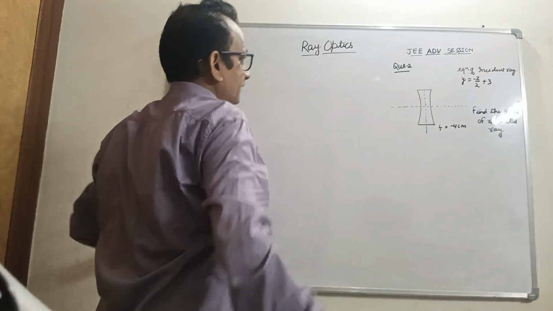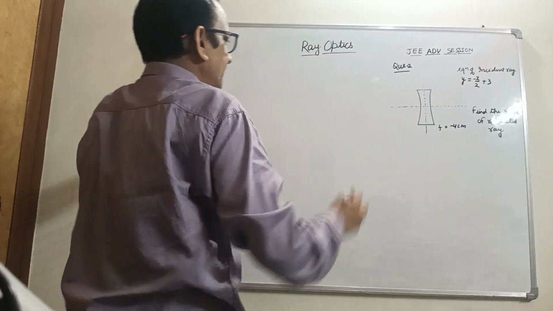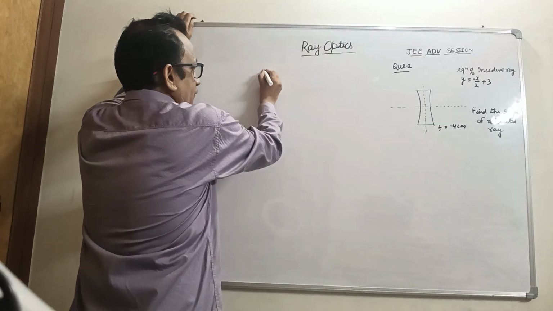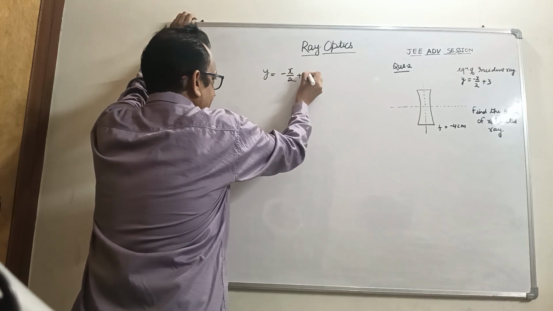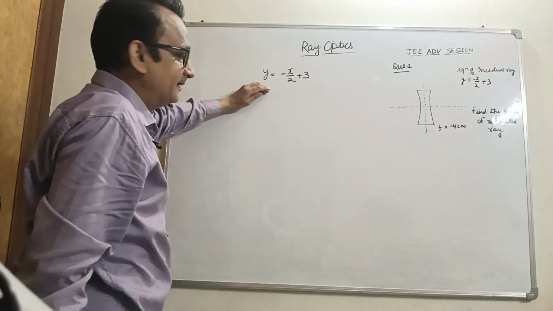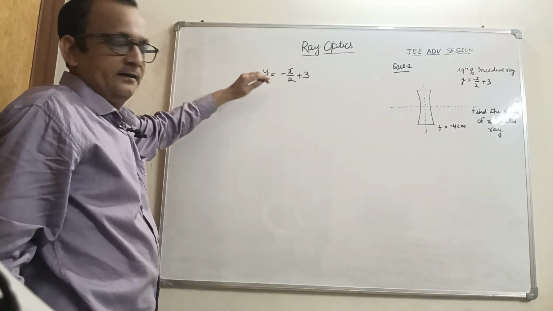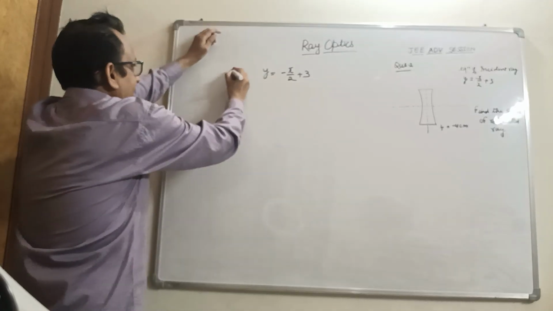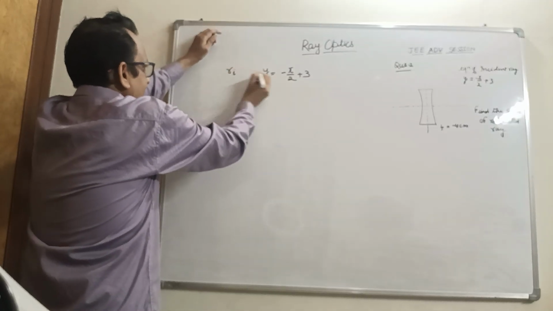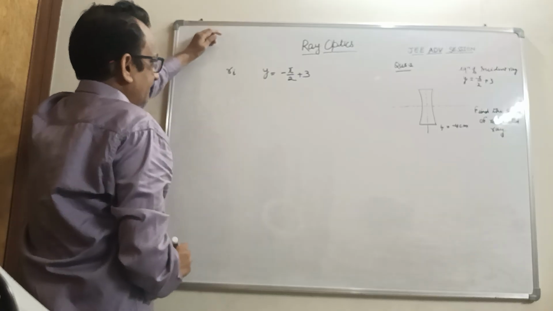We have been given the equation of the incident ray, y is equal to minus x by 2 plus 3. Here we have to find the slope of the reflected ray. This is the equation of the incident ray.